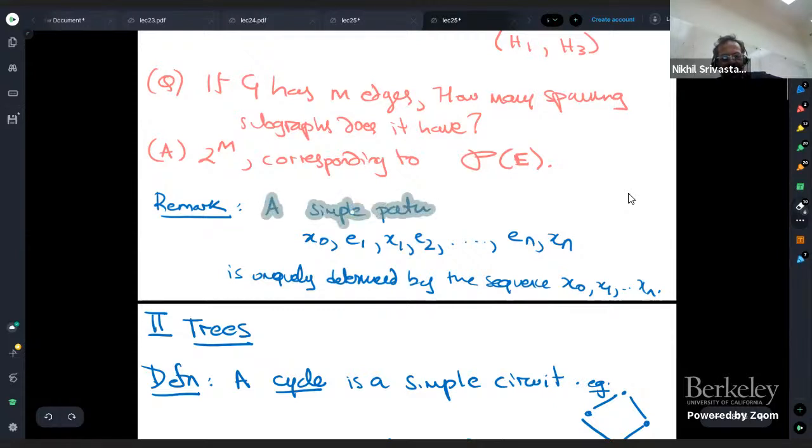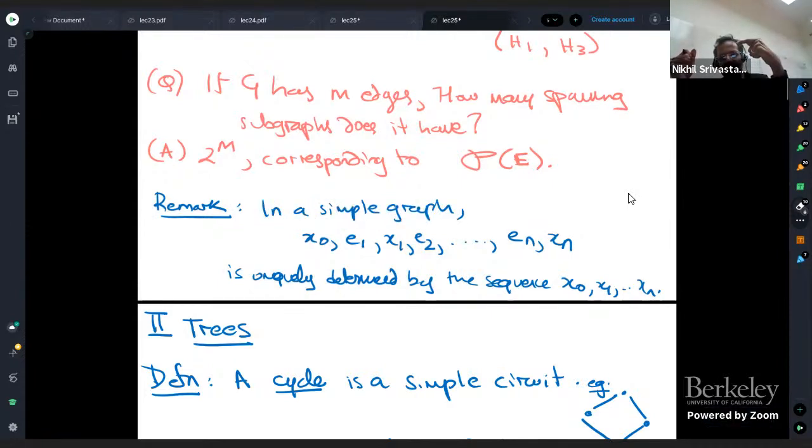In a simple graph, there's something even stronger. In a simple graph, if I tell you two vertices, there's only one edge between them. So I don't ever have to specify the edges. So yeah, thank you for being careful. I'm using this implicitly here.